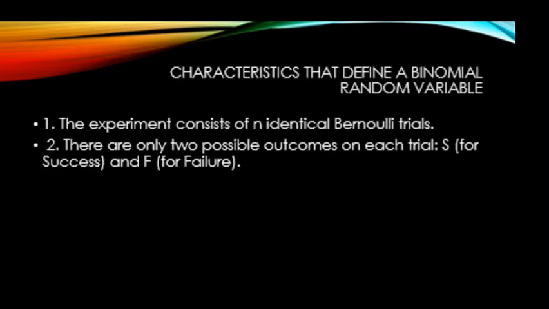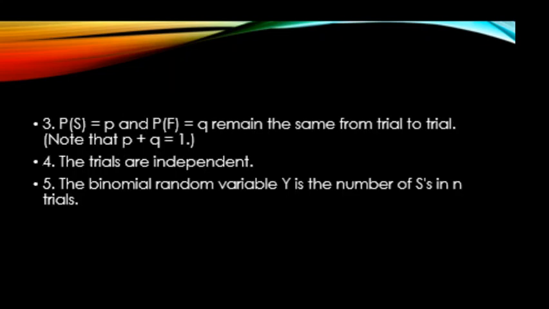So these are the characteristics of a binomial random variable. The experiment consists of n identical Bernoulli trials. Each trial has two possible outcomes, a success and a failure. The probability of success is p, the probability of failure is q, and the sum of p and q is 1.